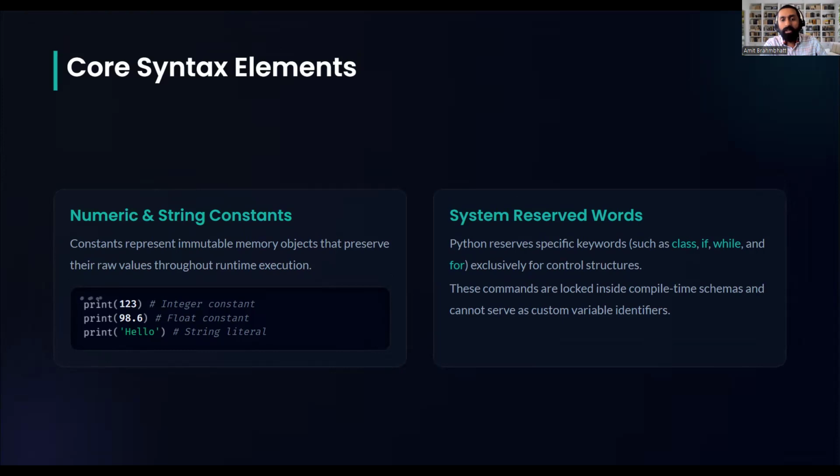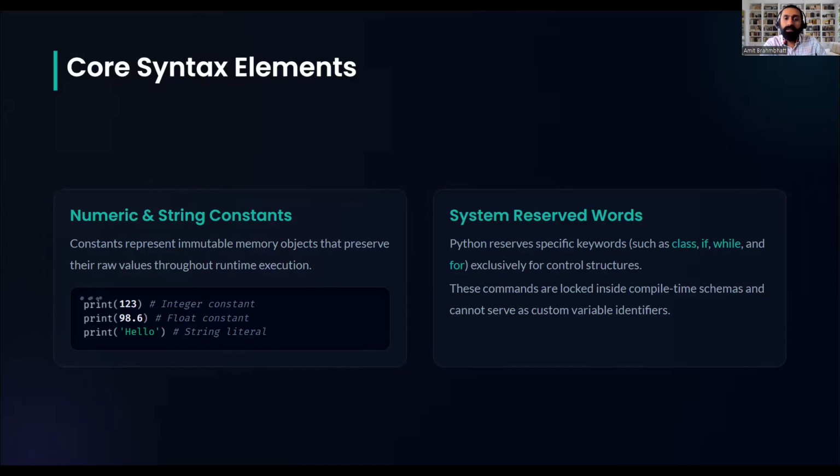Fixed values that do not change during program execution. If you write the number 123 or 98.6 or print the string hello, Python handles this as raw, immutable objects in memory.